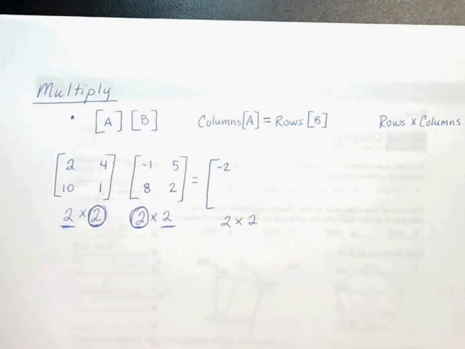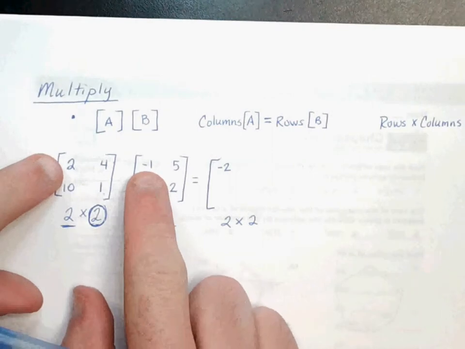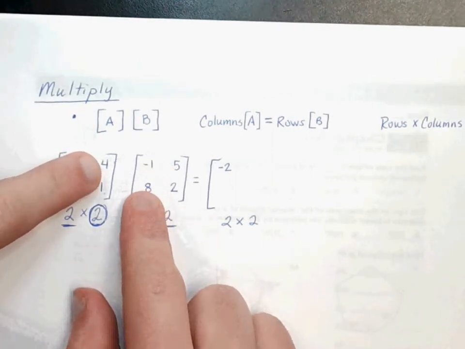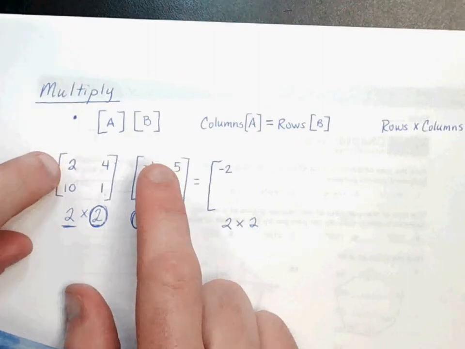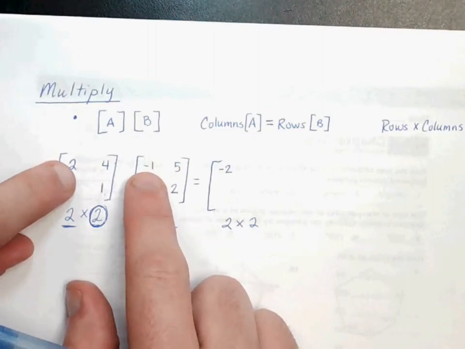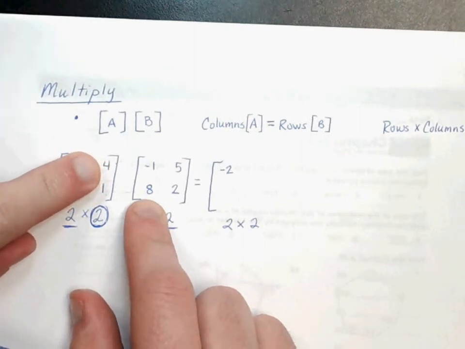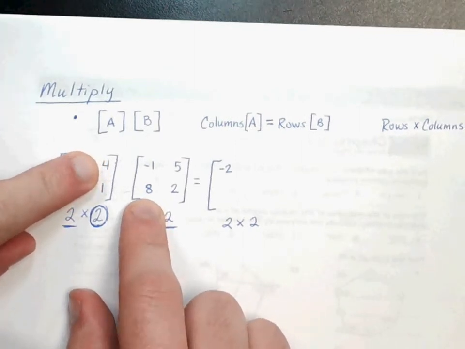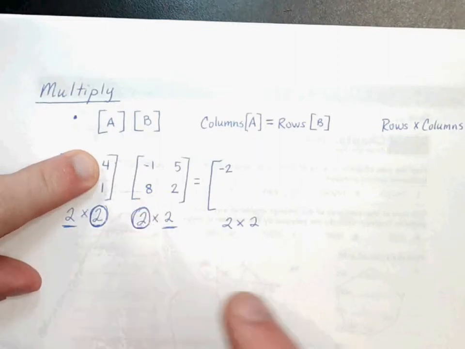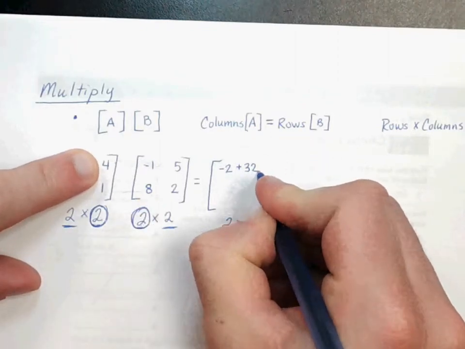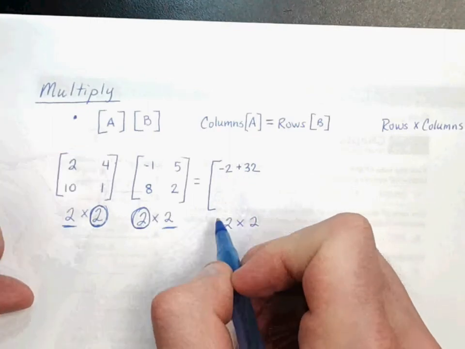Right? Now we're going to do a little maneuver with our fingers. Remember, our left finger is going to go to the right, and our right finger is going to go down. Okay? And we're going to stop when we get to the next element. So here we go. I'm going to slide over. And now I'm going to say 4 times 8. 4 times 8, which would be 32, and I'm going to combine it with the -2 that we just had.